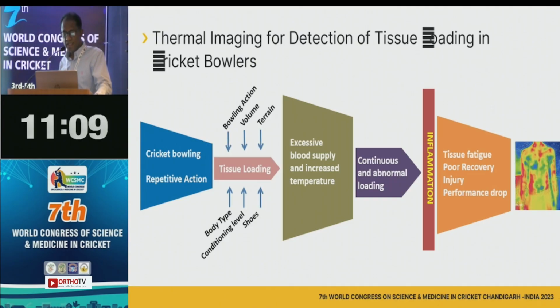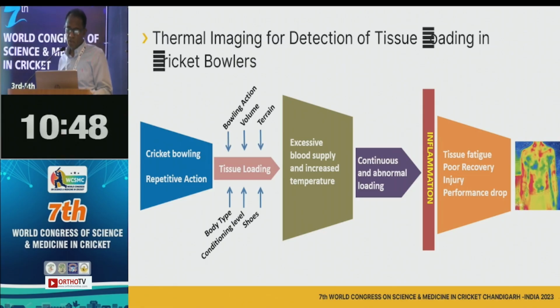Theoretically, cricket bowling is a repetitive action where you get loading on your tissues. This tissue loading is influenced by various factors, a couple of which I just mentioned because we already know them.